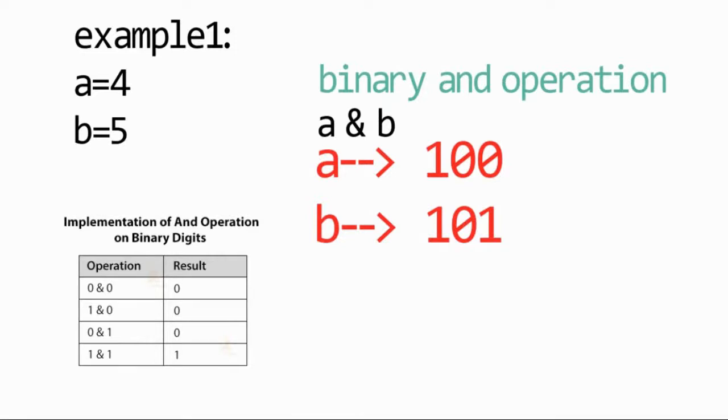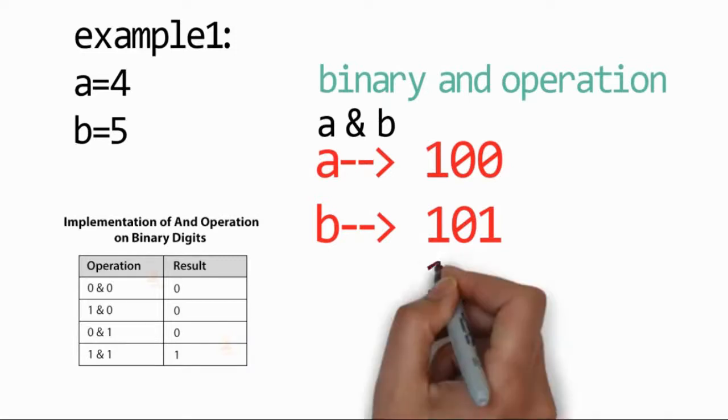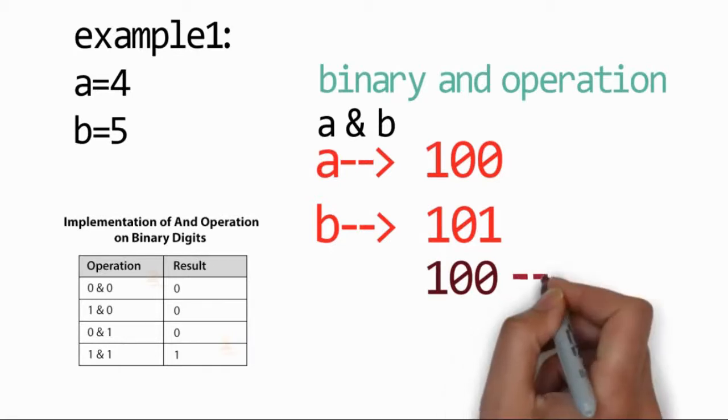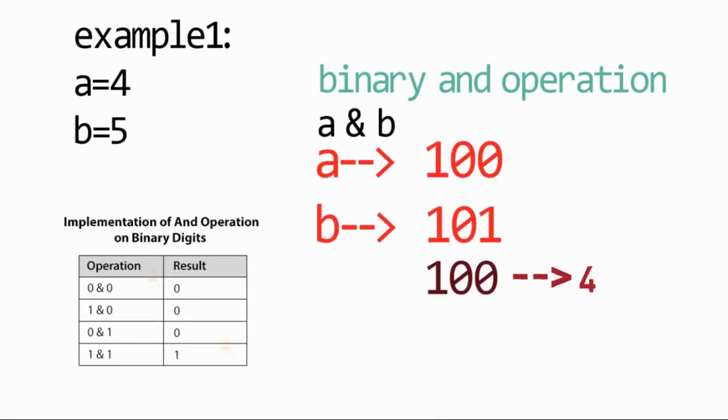Look at the table, which is the AND operation implementation in bitwise. 0 and 0 gives 0, 1 and 0 gives 0, 0 and 1 gives 0, and 1 and 1 gives 1. If you look at the example that we took, 1 and 1 gives 1, 0 and 0 gives 0, and 0 and 1 gives 0. So the result is 100, which is the representation of decimal number 4. So the answer is 4 in this case.